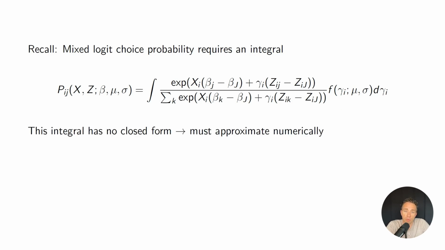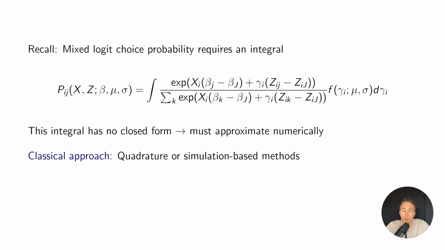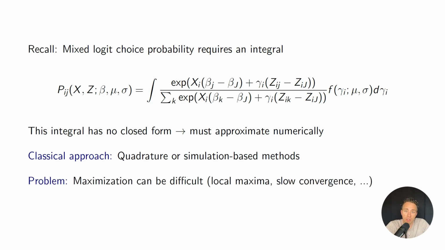In particular, we don't have a closed form for this integral, so we have to solve it numerically or approximate it numerically. The approaches we talked about in the context of the mixed logit were quadrature or Monte Carlo integration. The issue with these two methods is that convergence can be slow, or we can have lots of local optima. So it can just be difficult to maximize the likelihood when this is entering the likelihood.